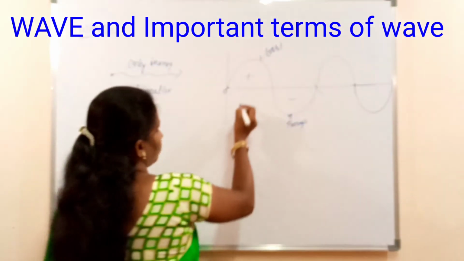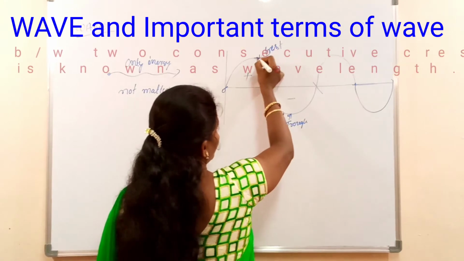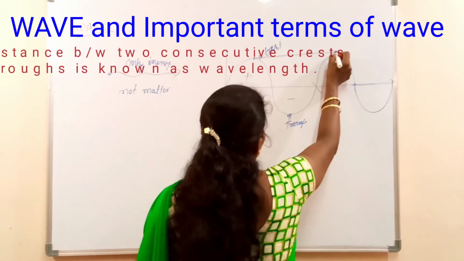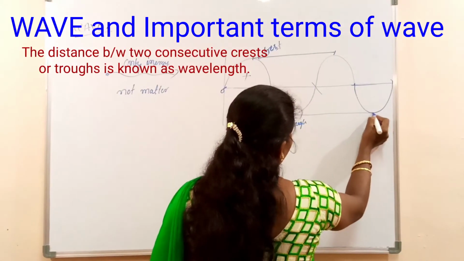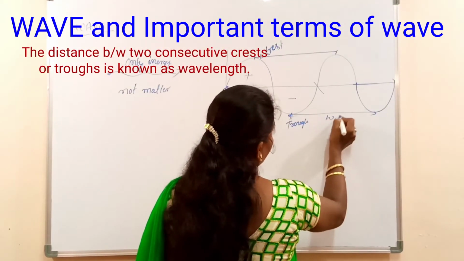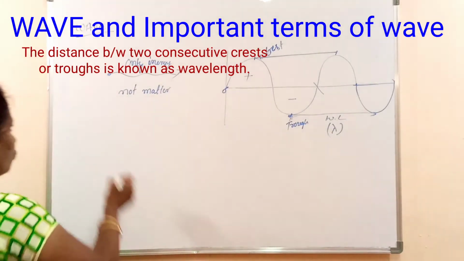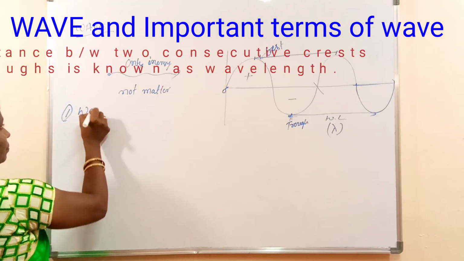The distance between two consecutive crests or two consecutive troughs is called wavelength. Its symbol is lambda. So the first important term in a wave is wavelength.